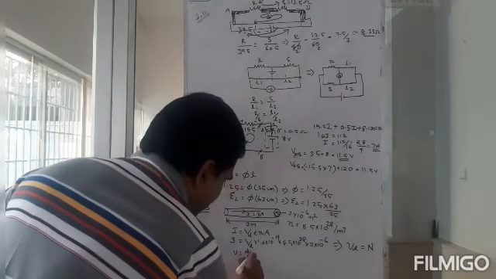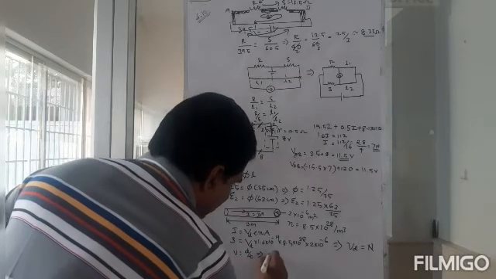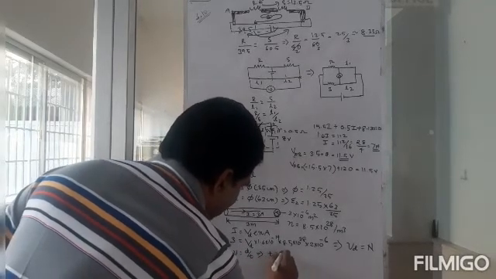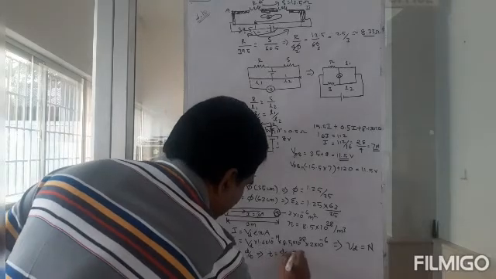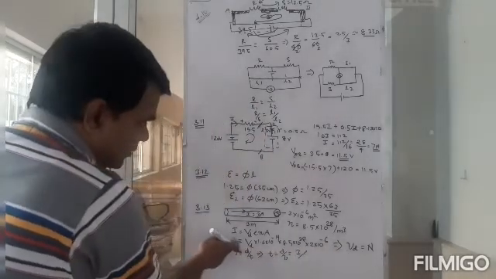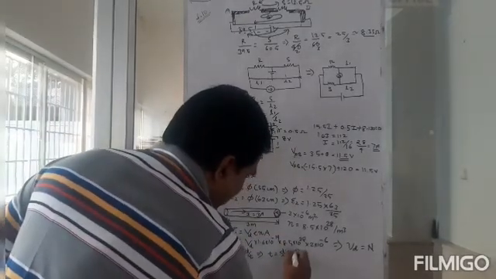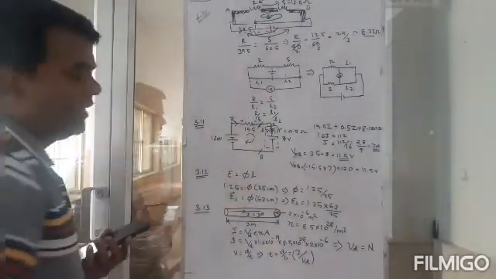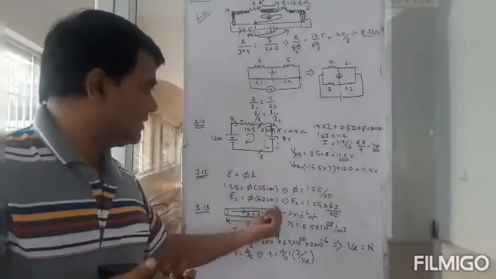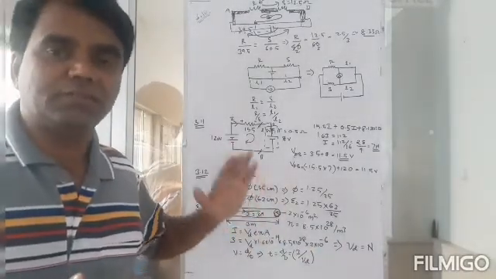So distance is given, speed is given, t is what you need to find. So t is equal to d by v. So d is 3 meters divided by vd, which you will calculate from here. So that vd you put, then that should give you the amount of time that the electron will take to go from this end to the other end. So it's a very simple problem.